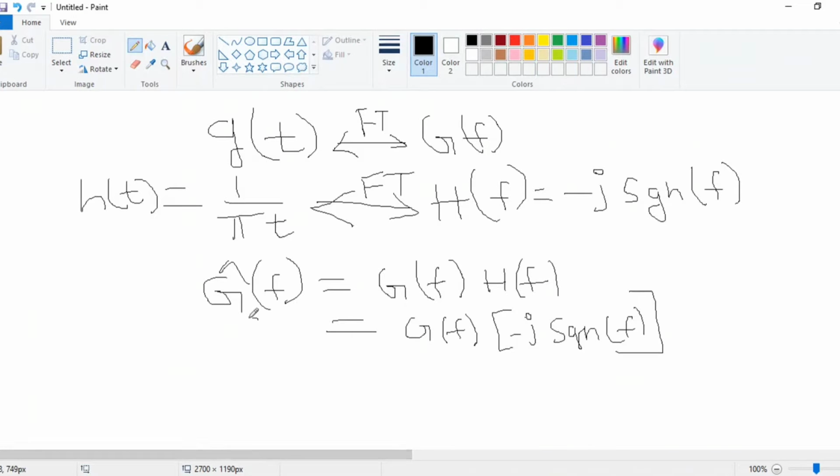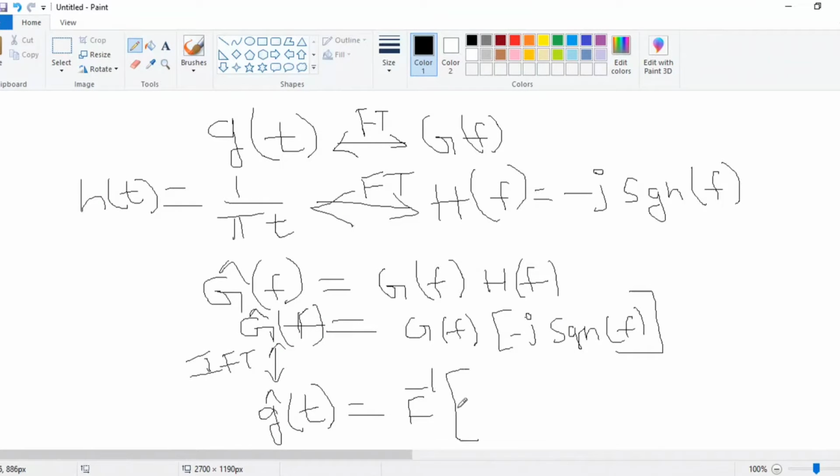So this will give me g cap of f, but I don't know g cap of f, what I want is g cap of t. To get g cap of t, I need to apply inverse Fourier transform. So g cap of t is nothing but the inverse Fourier transform of this function g of f into minus j signum of f, SGN, signum of f.